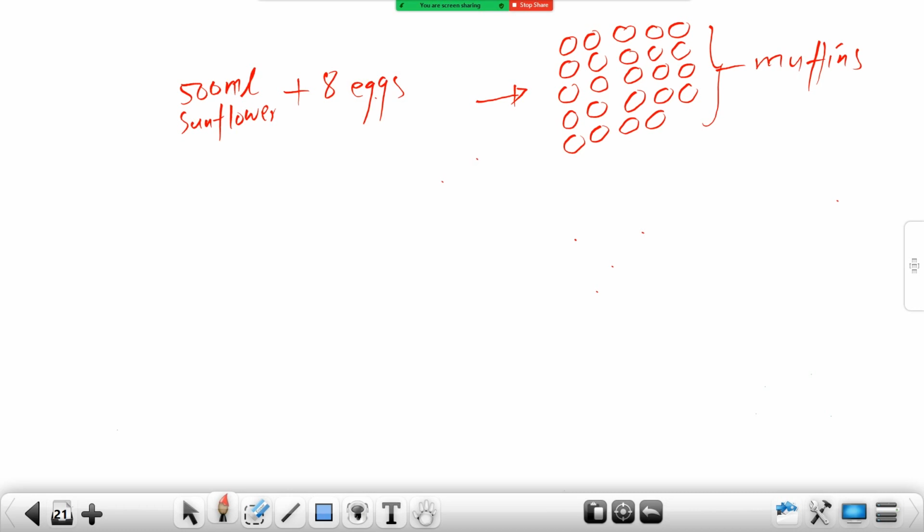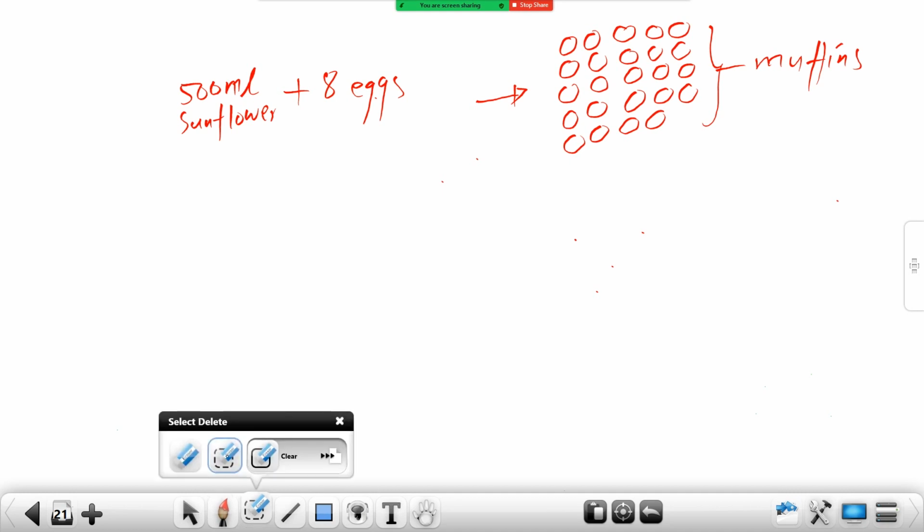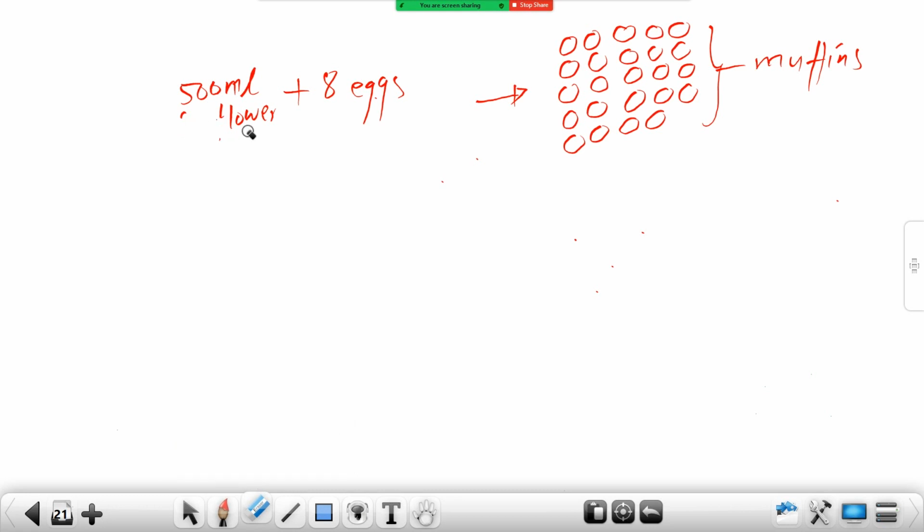Sunflower oil is cooking oil, let me say cooking oil for everyone to understand. Happy, guys? This is what I have: 500 ml of cooking oil, 8 eggs, but I want to get 24 muffins. Is it possible?